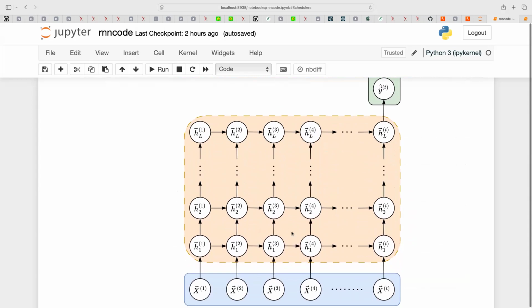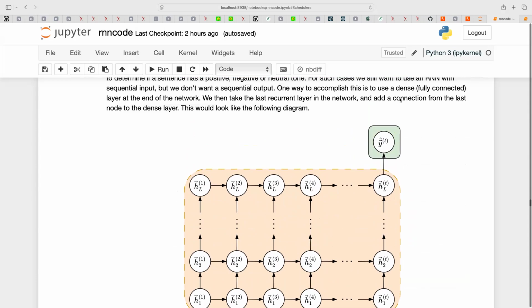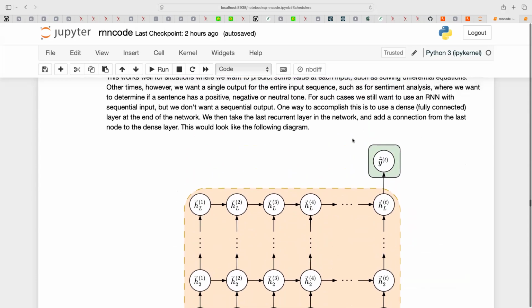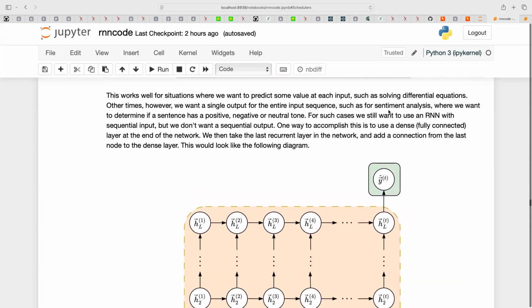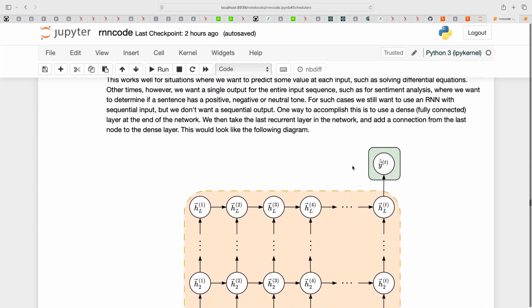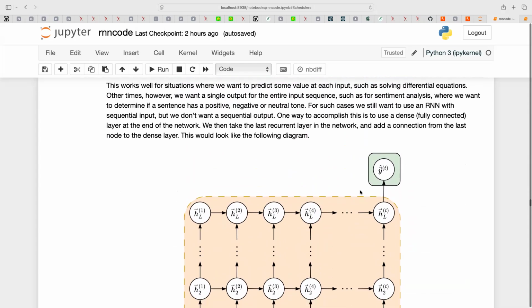That means that you could use this, for example, in language sequencing. It's pretty common, or for sentiment analysis, where we want to determine if a sentence has a positive, negative, or neutral tone. That means that you would structure your data so that you would just have one type of output.